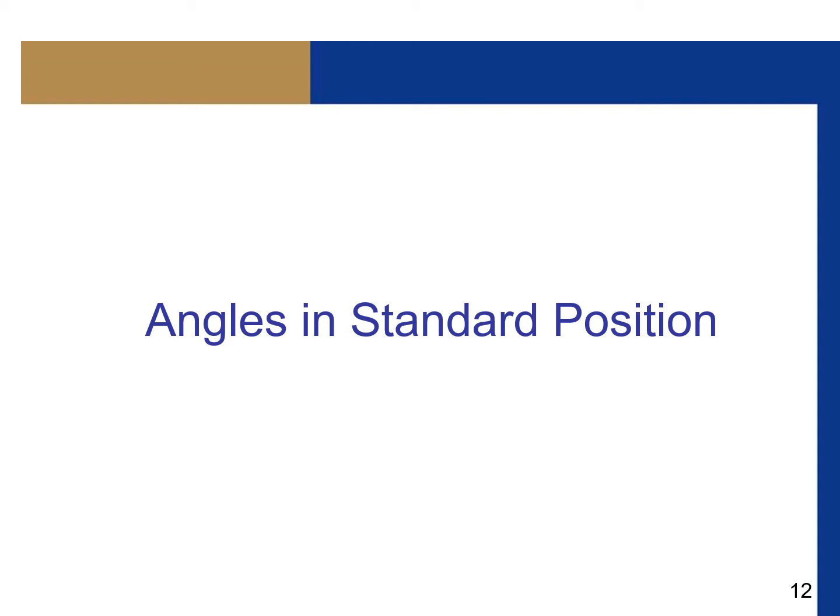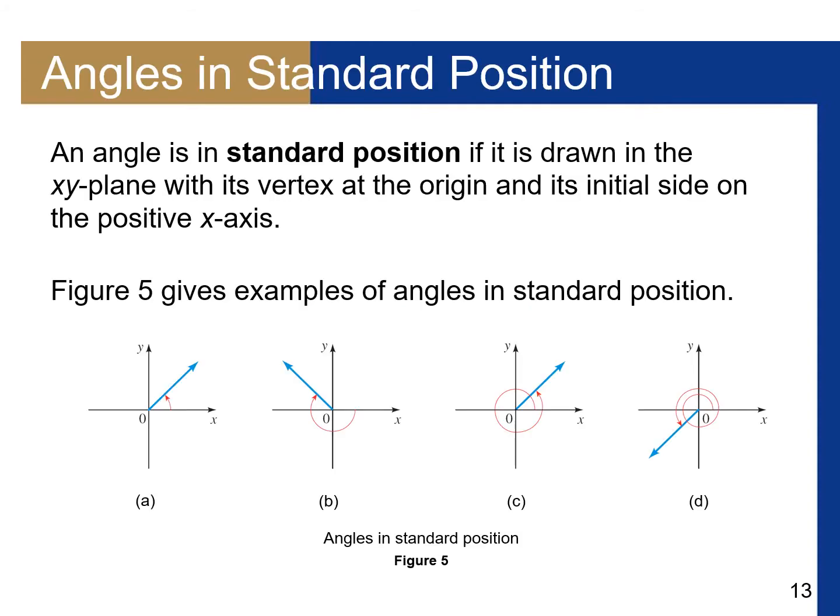Let's take a look at standard position. An angle is in standard position if it is drawn in the xy-plane with its vertex at the origin. So we have the vertex here at the origin, and its initial side is the positive x-axis. Here are some examples. We have this one starting here and going backwards.